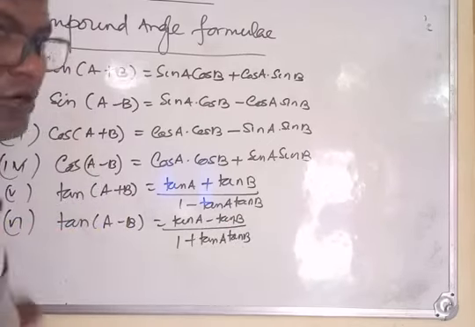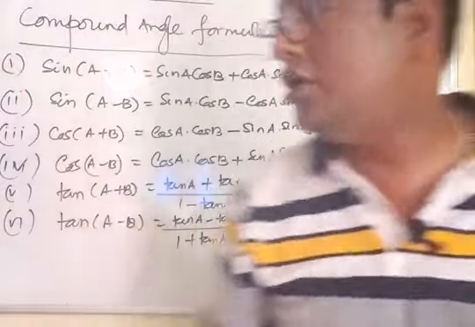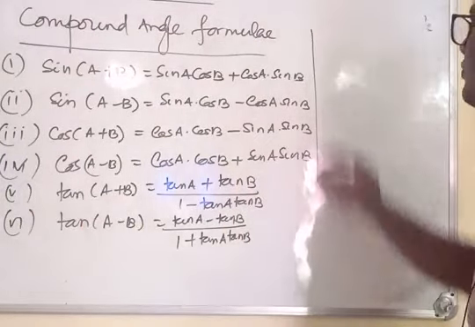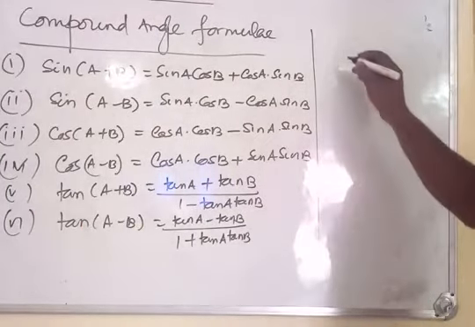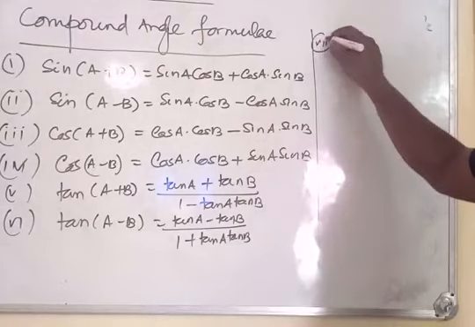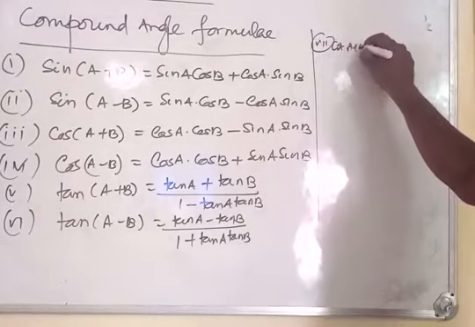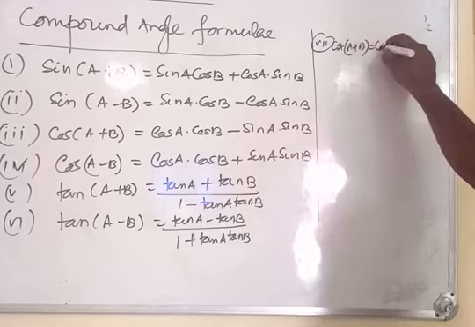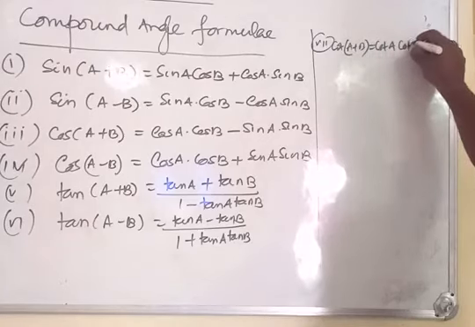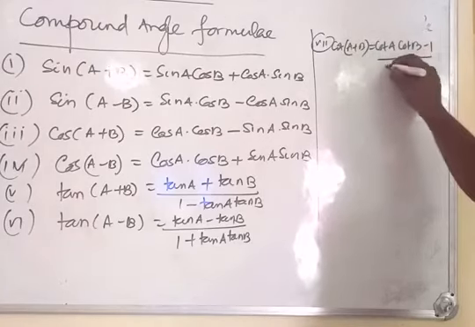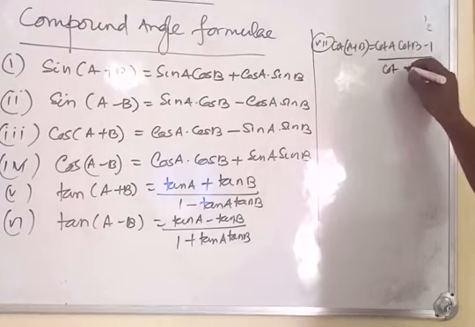Now cot a plus b is equal to cot a into cot b minus 1 by cot a plus cot b.